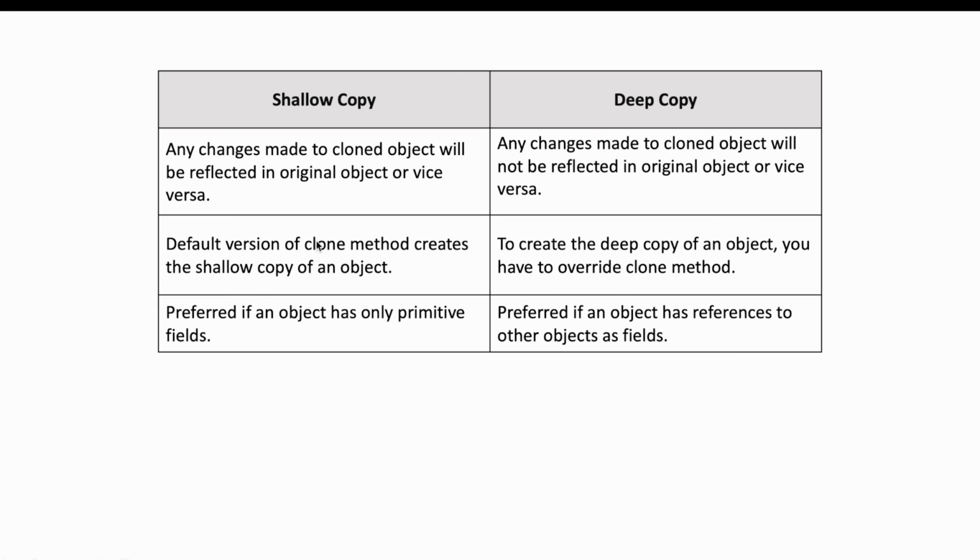The default version of the clone method creates a shallow copy of an object. To create a deep copy, we have to override the clone method inside the respective class. Shallow copy is preferred if the object has only primitive fields. Deep copy is preferred if an object has references to other objects as fields.